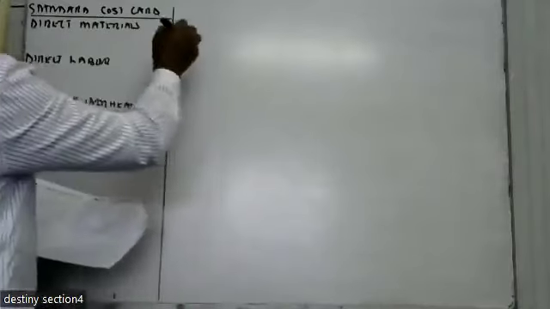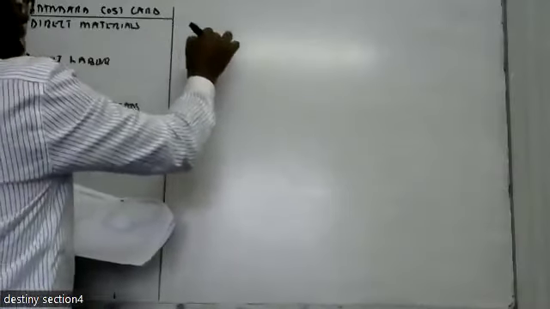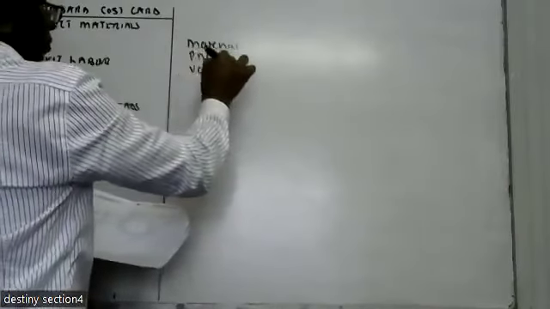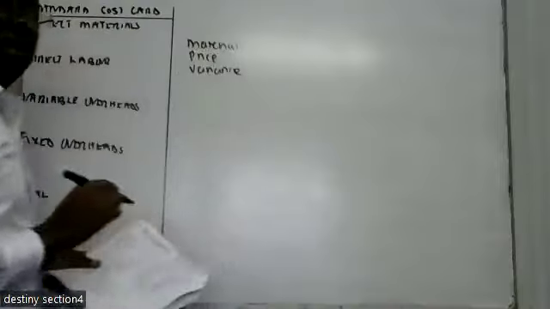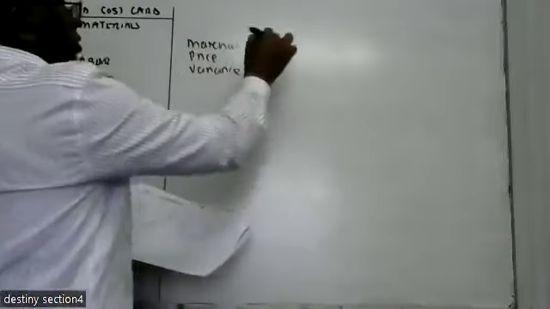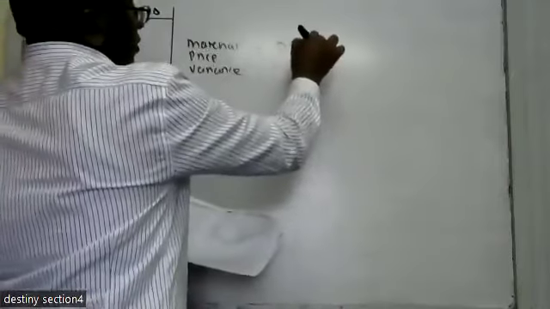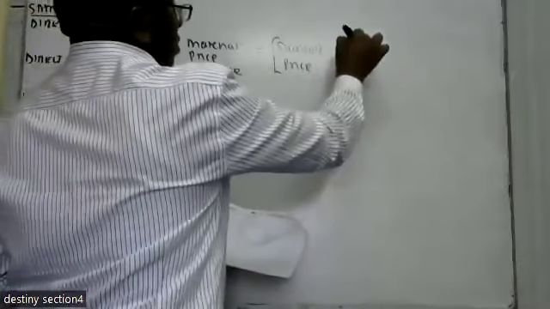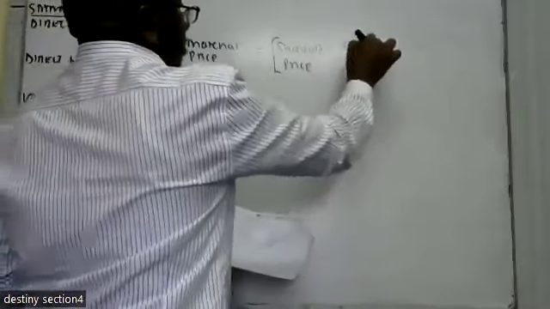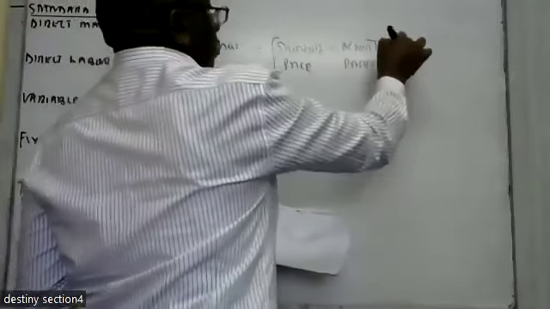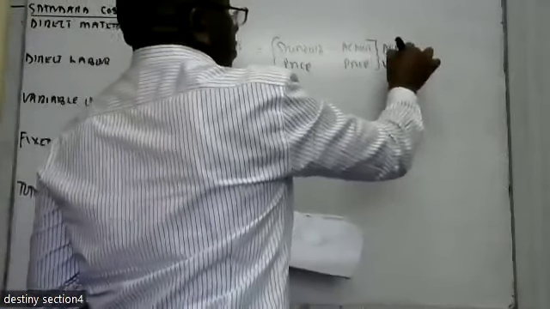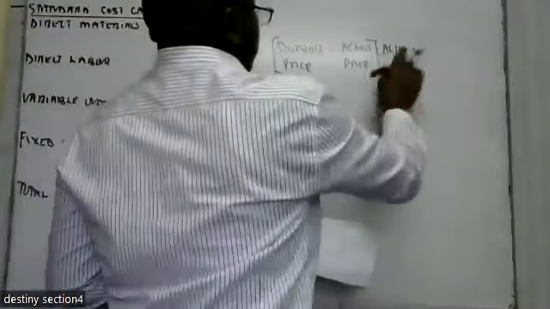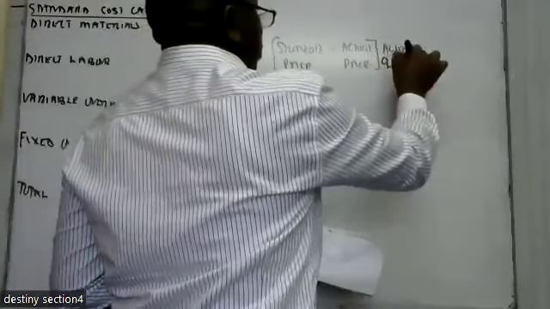After writing workings, come here and say material price variance is equal to standard price minus actual price, you multiply by actual quantity. Let's use the word quantity, it's better than units.